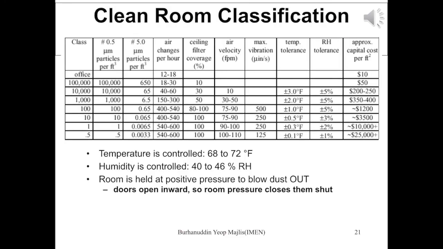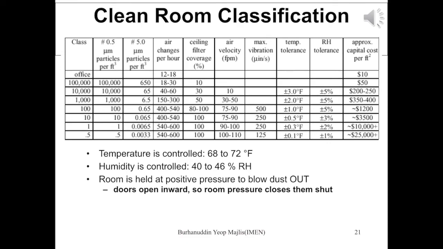So this slide shows the table with the clean room class. You can see class 100, class 10,000, class 1,000, 100, 10, and 1. And the particle size, and also the air velocity, the maximum vibration per unit, and also the humidity.